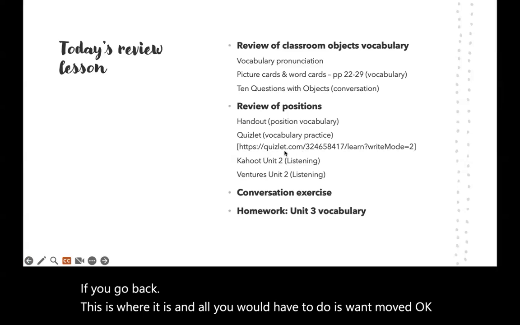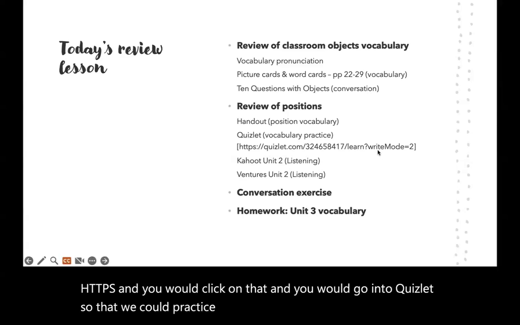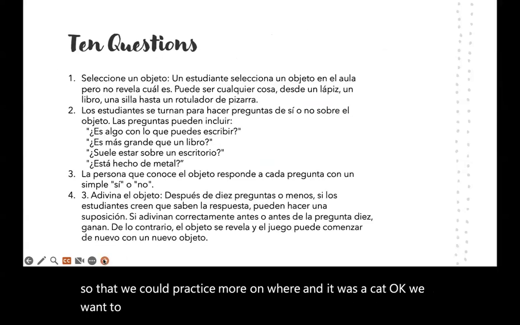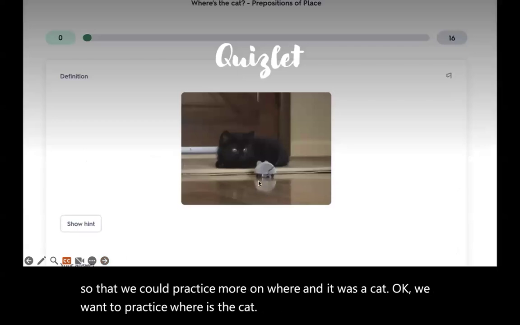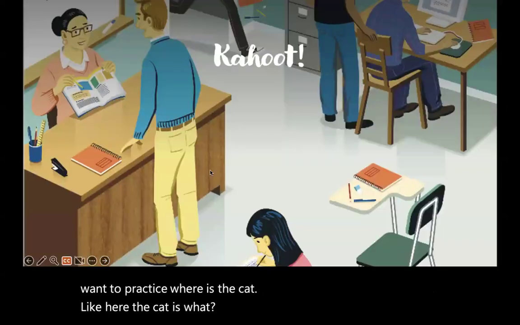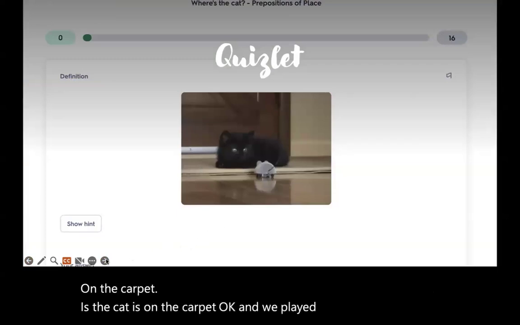You would click on that and you would go into Quizlet so that we could practice more on where, and it was a cat. Okay. We wanted to practice where is the cat. Like here, the cat is what? On the carpet. Yes, the cat is on the carpet. Okay, and we played that for a while.